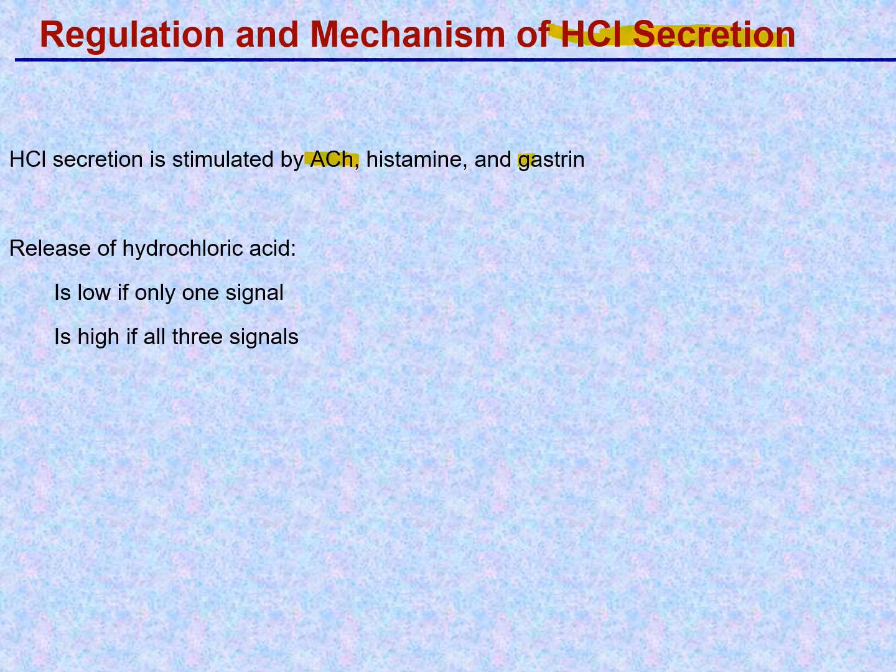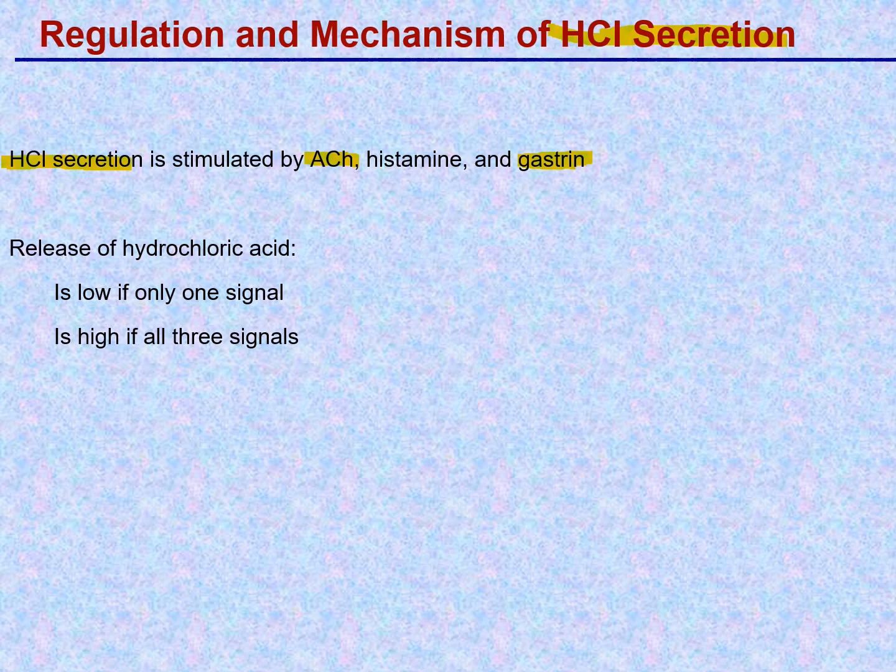It can also be stimulated by the hormone gastrin. So remember, gastrin is produced and released into the bloodstream by the enteroendocrine cells, and has an effect on secretion of the stomach, and will upregulate the secretion of hydrochloric acid in the ducts of the stomach.